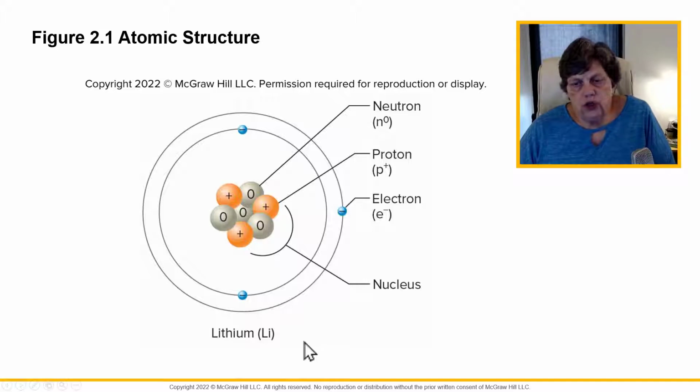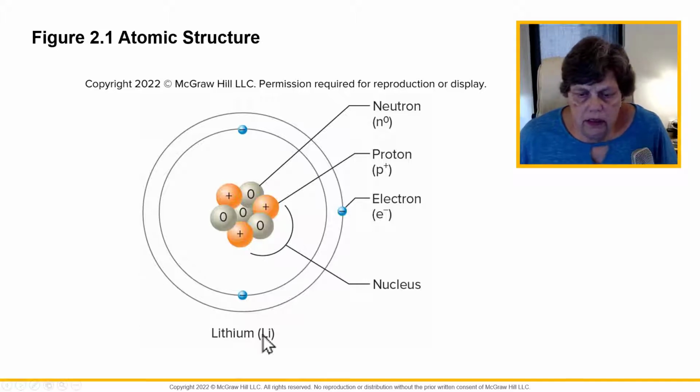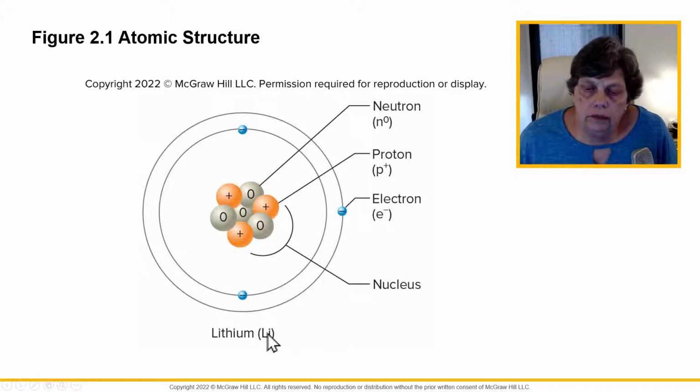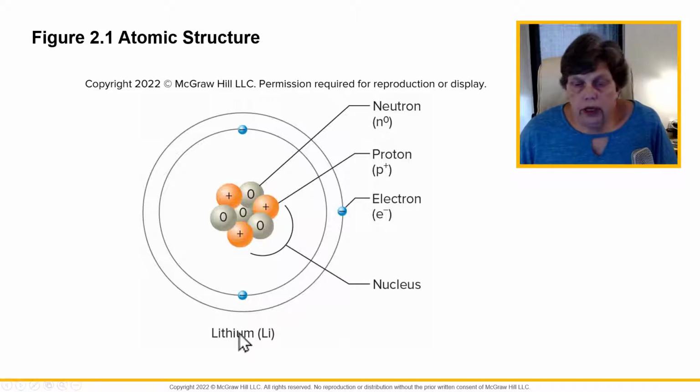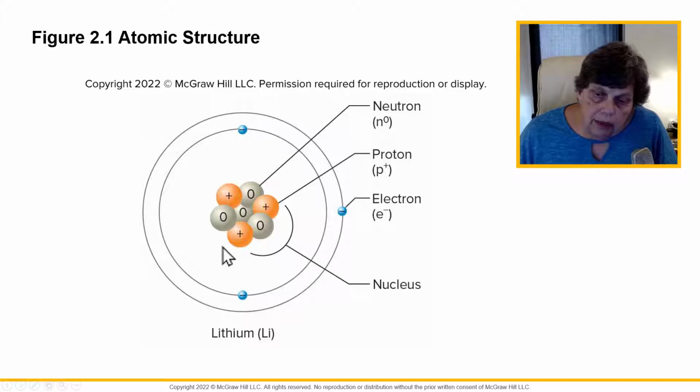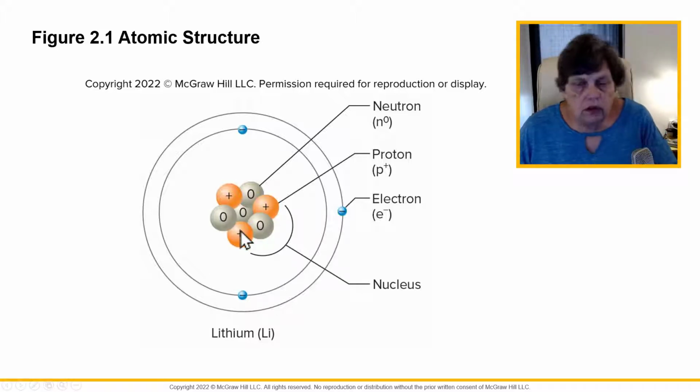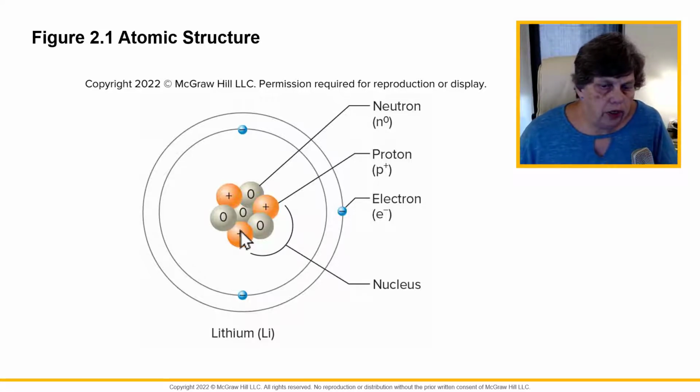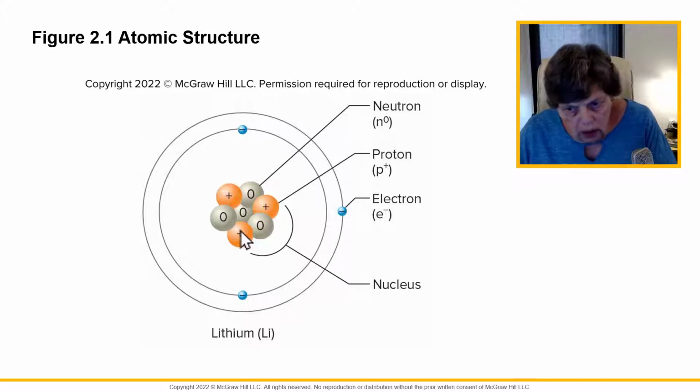So here's the structure of our atom, and this is lithium. This is on our periodic table, element number 3, and we know that because there are 3 protons. The number of protons is the element number, or what we call the atomic number.